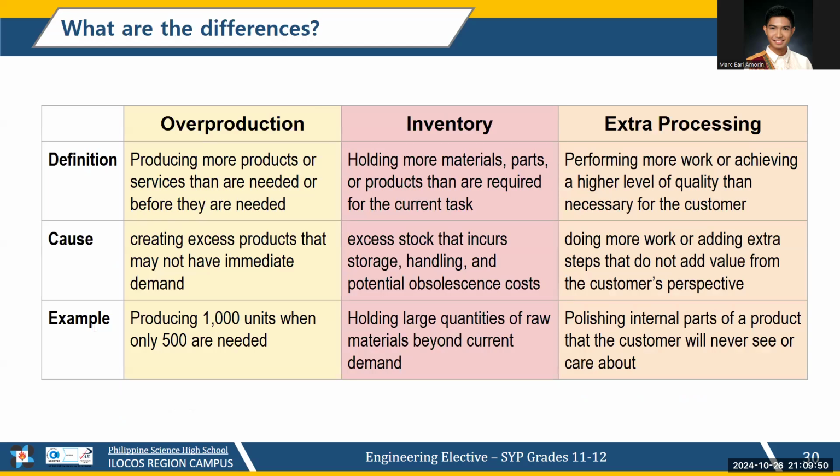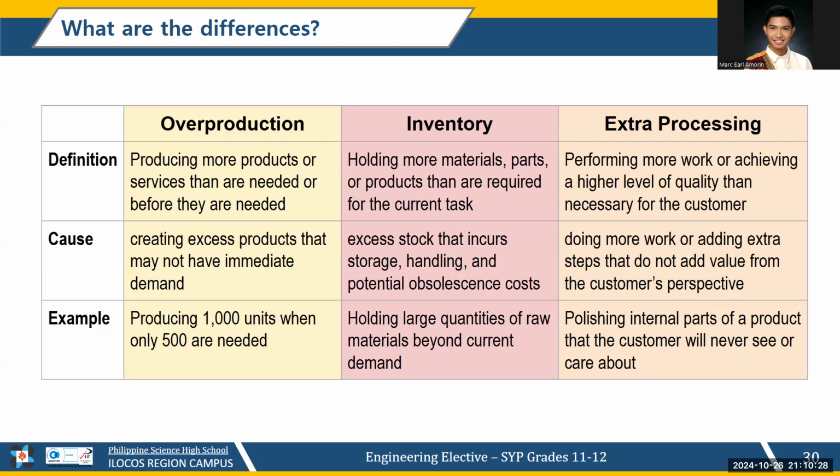Let's just see this slide for a moment, because based on our definitions, it may seem that these three types of waste overlap. So let's try to see ano yung difference among overproduction, inventory, and extra processing. In terms of definition, the similarity among those three ay yung pag-produce ng more products than what is needed.